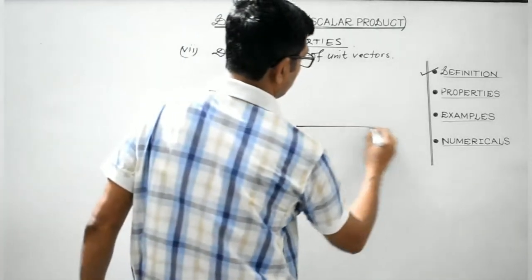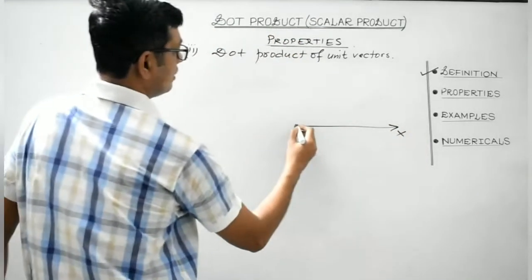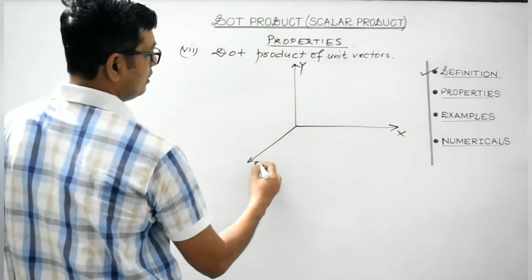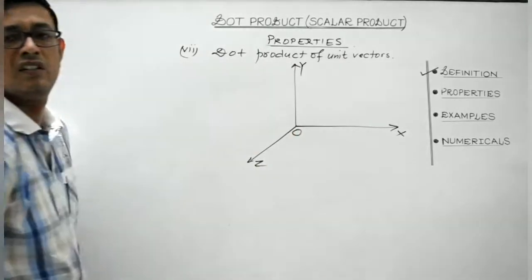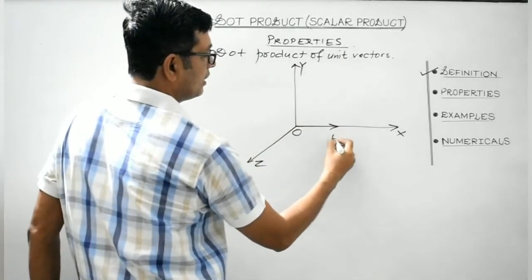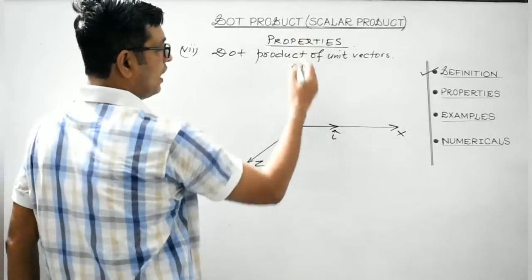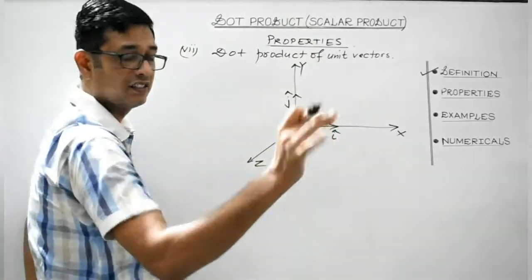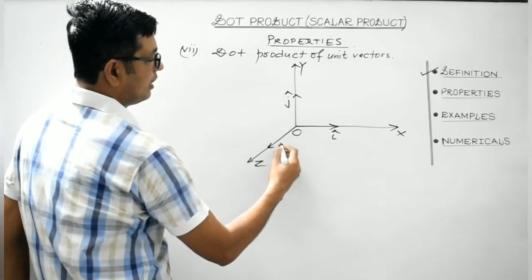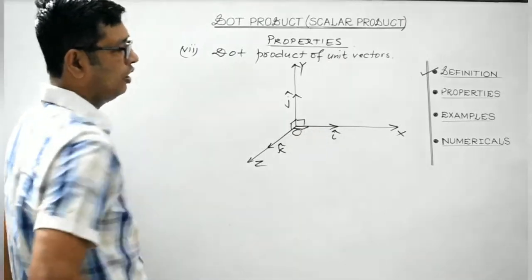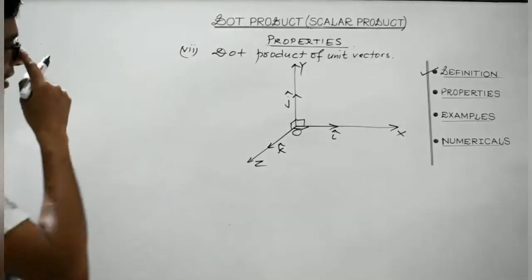So this is x axis, this is y axis and this is z axis. The direction of x axis is represented by i cap, along y axis by j cap, and along z axis by k cap. All are mutually perpendicular to each other.